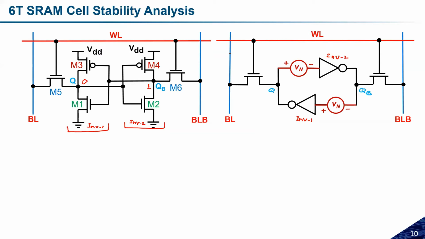The important thing is that the stability of memory during active operation plays a significant role, because if during operation the stability is very low, then the probability of failure will be more. So special consideration must be taken, especially during the read operation.